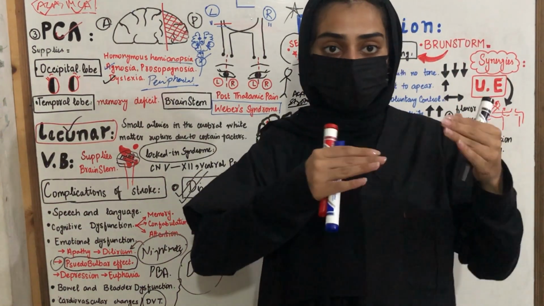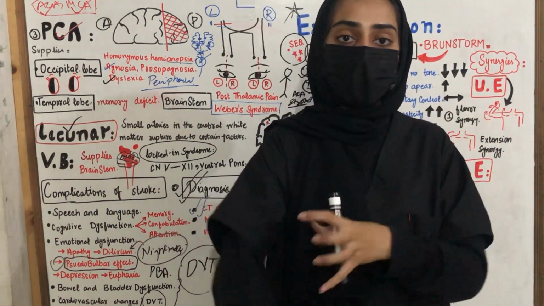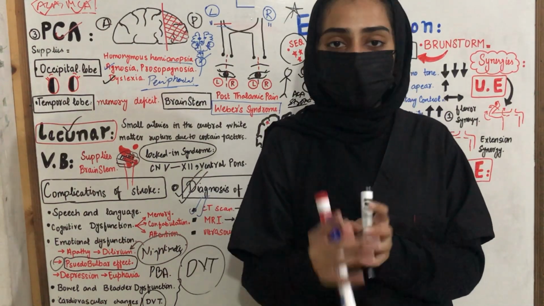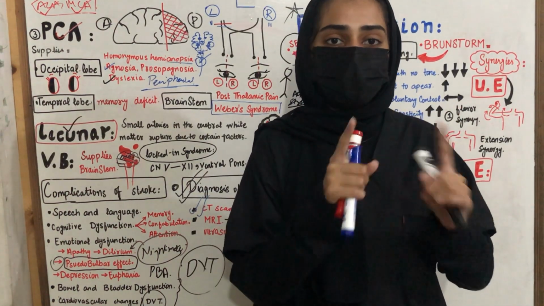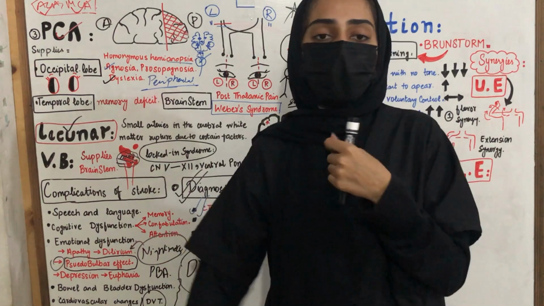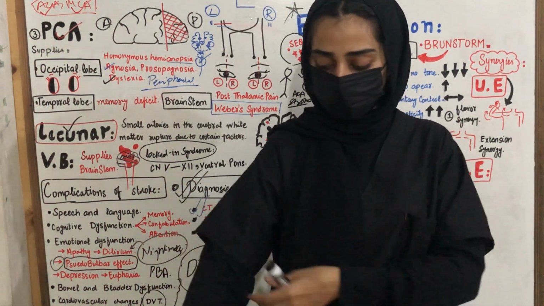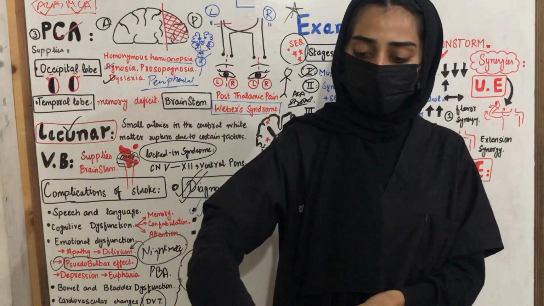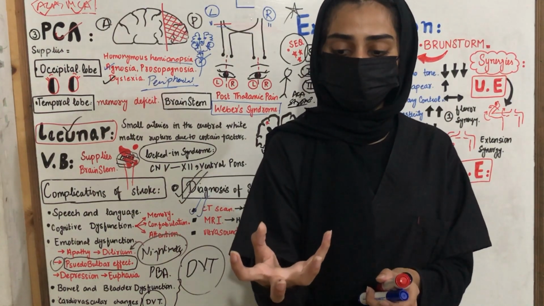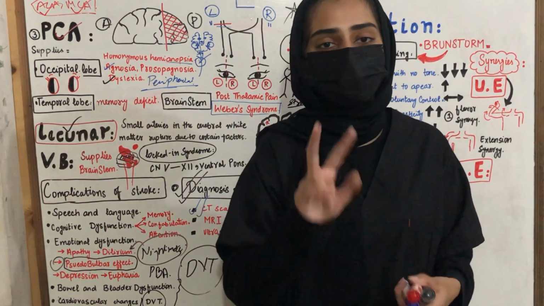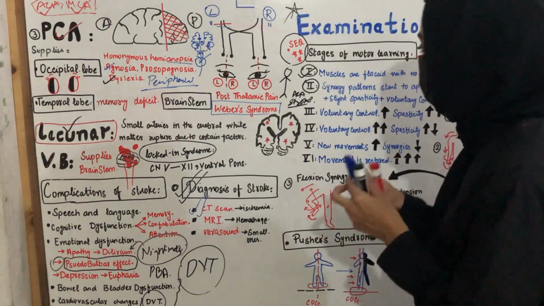After stage 1, it manifests into stage 2 by spasticity. I really hope that you remember the difference. Flaccidity is your body is limp. It's like it's dead. You can move the person. It's all concept, and I really hope you have the concept of spasticity and flaccidity.